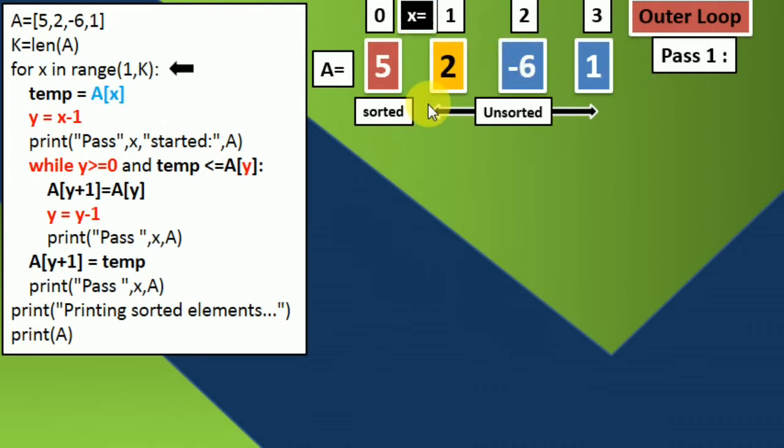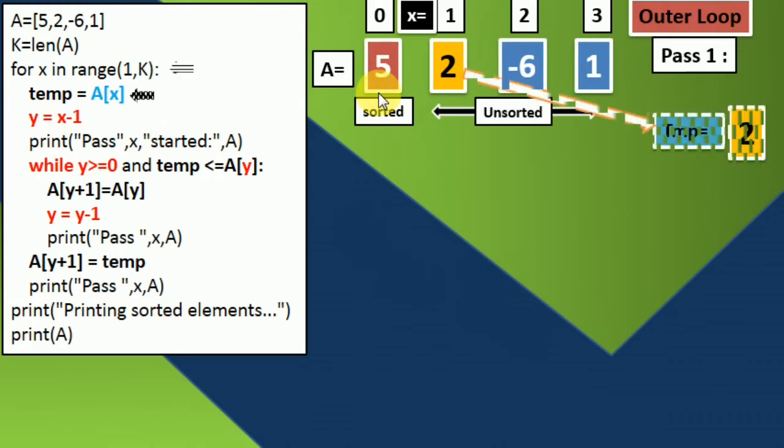So when the for loop starts the first time, x is sitting at 1, it means it works on this number, this 2. This number is going to be checked with all the numbers on the left side. There is only one number, that is 5, at present. So we keep a copy of this value inside the variable temp, because later on we are going to use this temp.